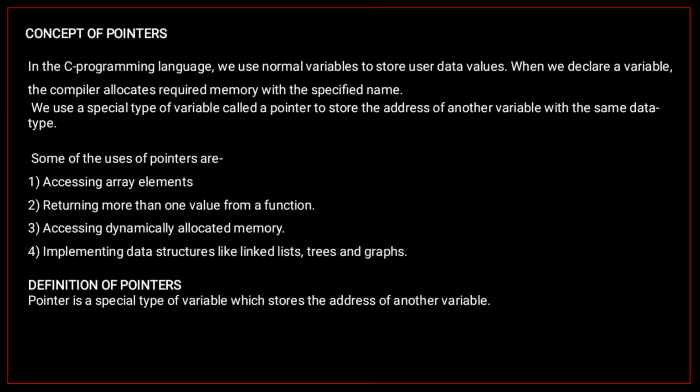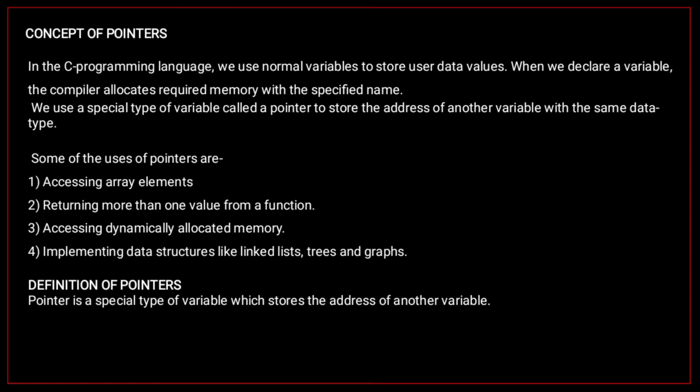Second, returning more than one value from a function. Third, accessing dynamically allocated memory. Fourth, implementing data structures like linked list, trees, and graph. So, these are the uses of pointers.